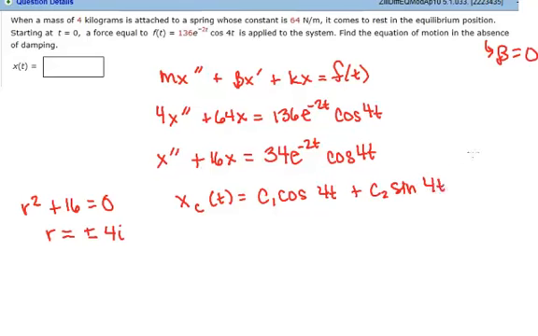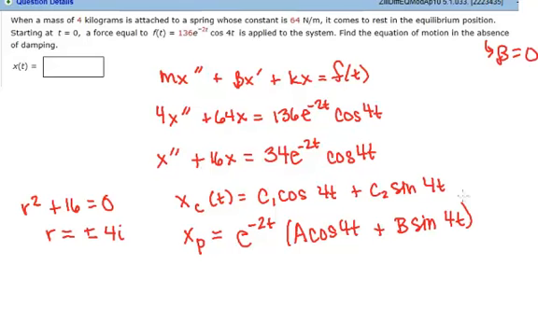And then we have to find our particular solution. So, there's a cosine 4t, but here it's being multiplied by e to the negative 2t. Well, if you wanted to do the guess method, you would have to guess xp equals e to the negative 2t times a cosine 4t plus b sine 4t. And you could do that.